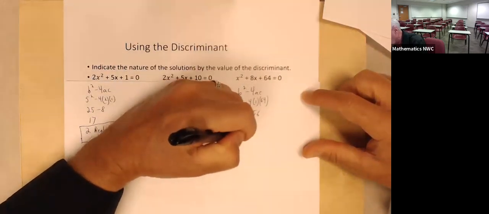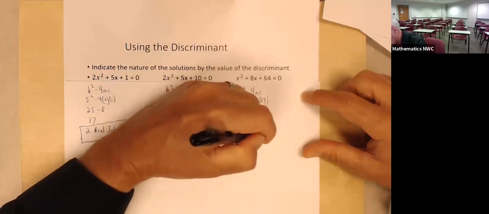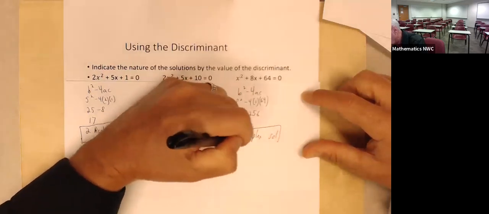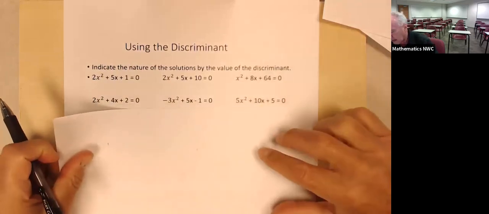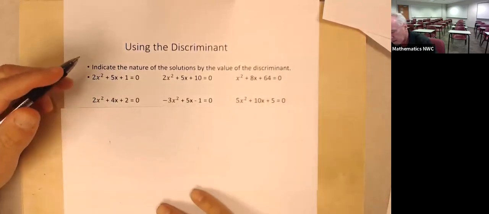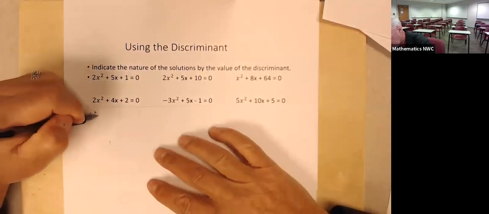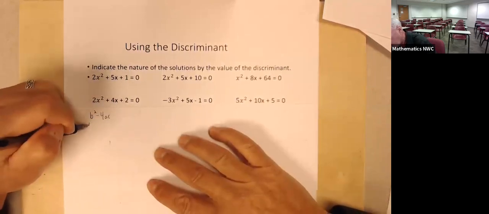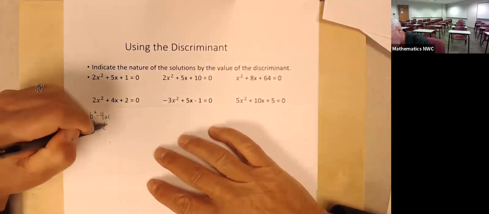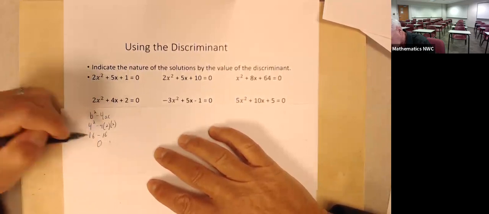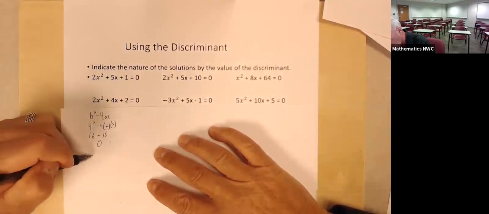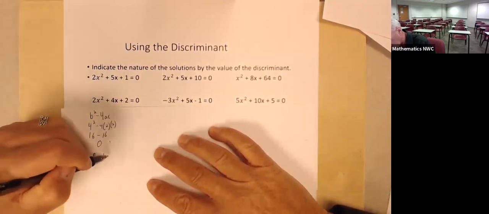So I have 2 complex solutions. These are our last 3. The discriminant, b squared minus 4ac. 4 squared minus 4 times 2 times 2 gives me 16 minus 16, or 0, means I have 1 real solution.